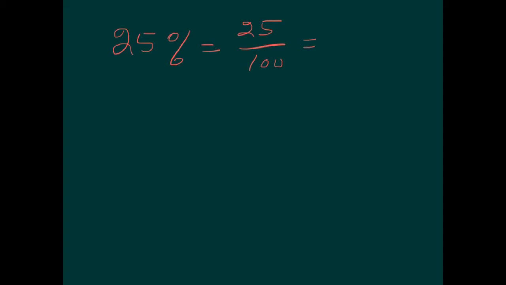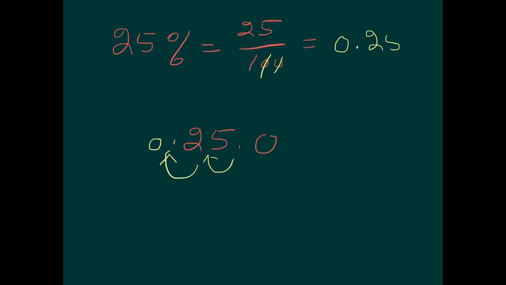We know 25 has a dot here and 0 here. We want to remove the zeros from the denominator. For the first 0, the dot comes here. For the second 0, the dot comes here. Make sense? So this becomes the decimal form. This is the exact same figure. We can write it this way, this way, or this way.